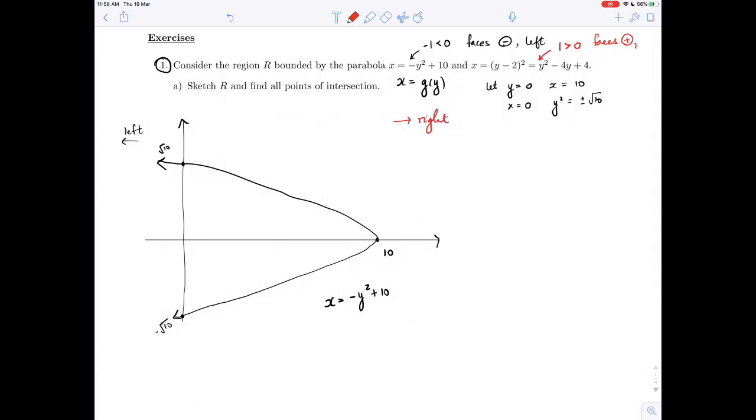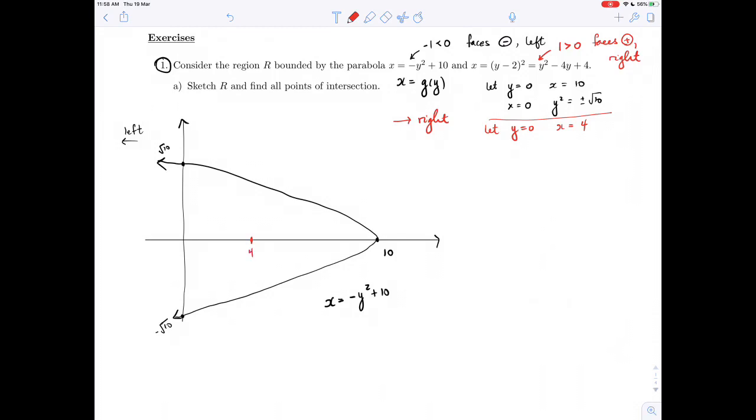So this parabola is going to face right. We can do the exact same trick for the intercepts here. If we let y equal 0, then we are going to have x is equal to minus 2 squared, which is 4. So x is equal to 4 is maybe about here.